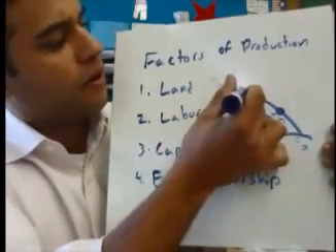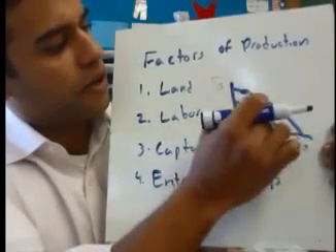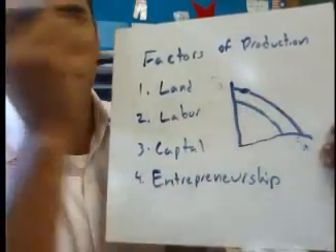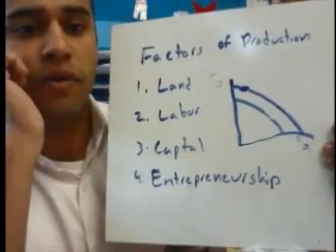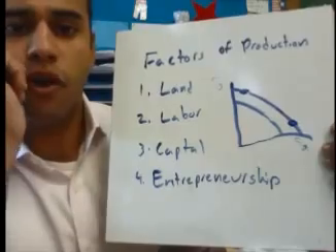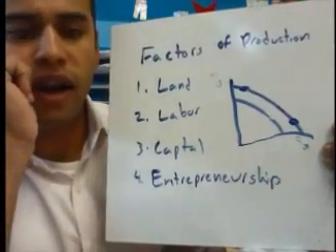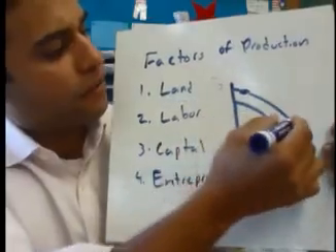If you are up here making mostly consumer goods, well then you are ignoring the possibility of making capital goods. And what you might find is that you don't have much economic growth. But if you produce over here a lot of capital goods and not very much consumption goods, then you might fuel a whole lot of economic growth.